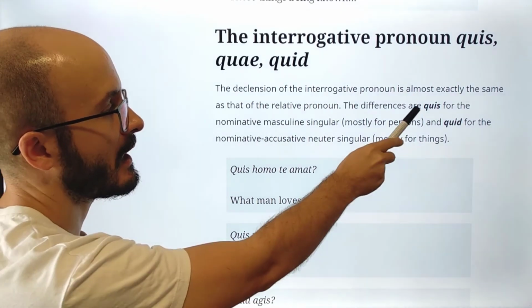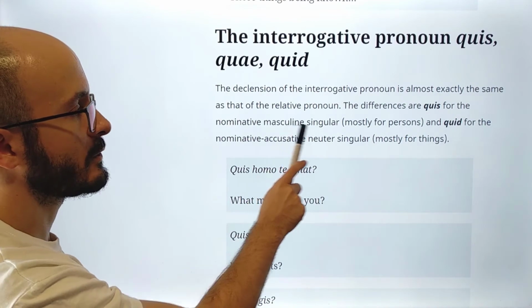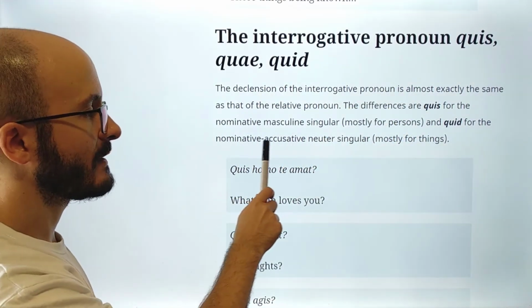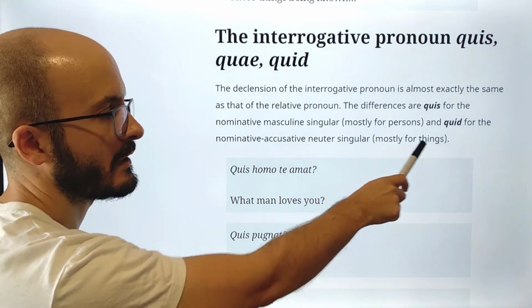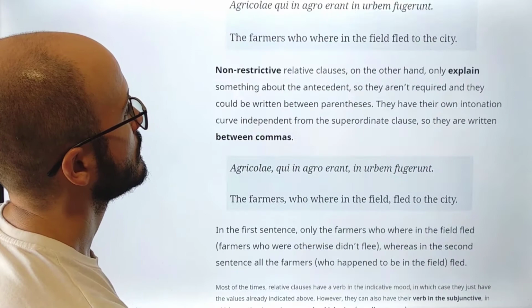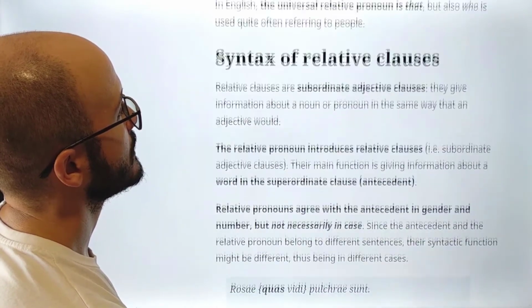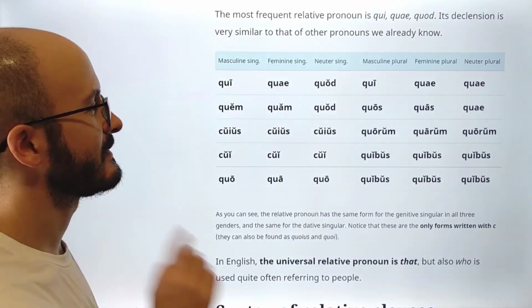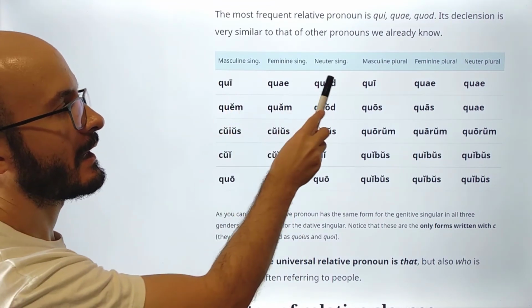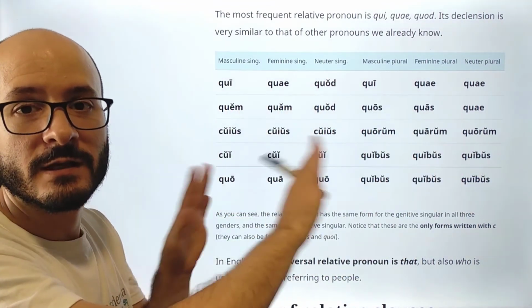The differences are quis for the nominative masculine singular, mostly for persons, and quid for the nominative accusative neuter singular, mostly for things. So pretty much it is the same table. You see that this lesson is quite long, but here is quis, quid, quid. The rest is the same.